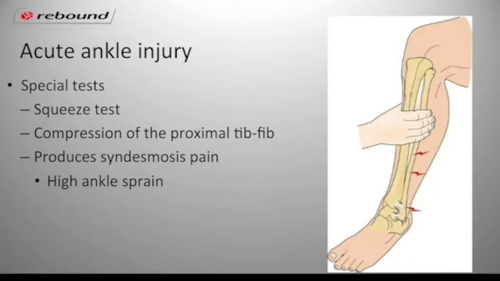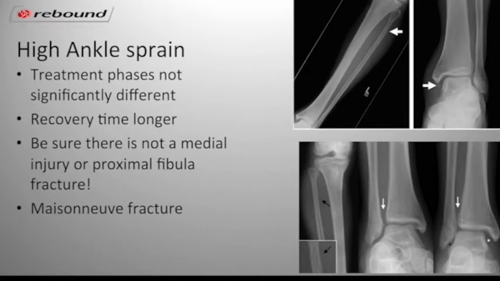Now, there are varying levels of severity to this injury. An injury to the syndesmosis that goes all the way from the proximal fibula down and then can sometimes exit the medial side of the ankle leads to a much more unstable situation and one that often requires surgery. When it breaks the proximal fibula up here, again it can be fairly subtle, we refer to that as a Maisonneuve fracture, because the force is generated all the way down this interosseous membrane and exits out here.